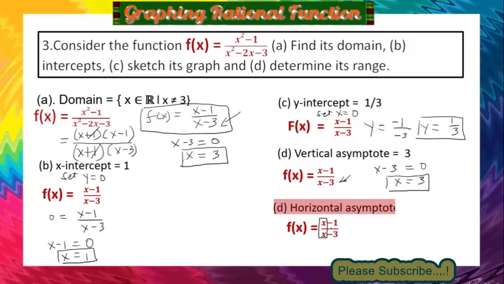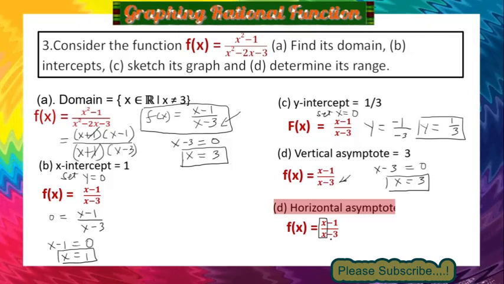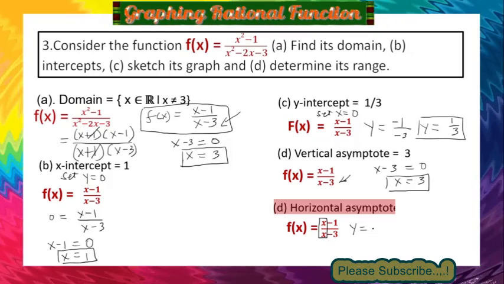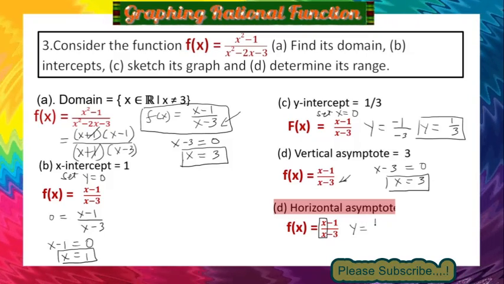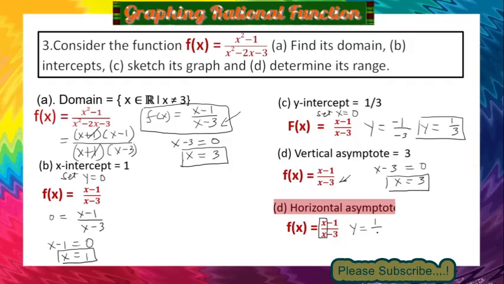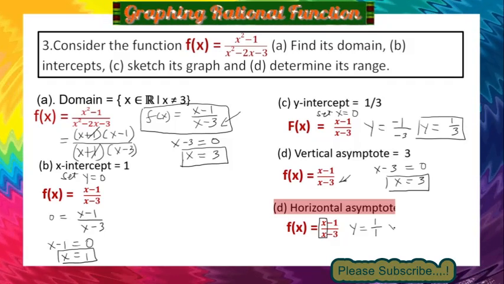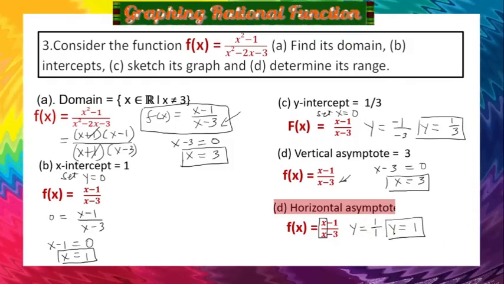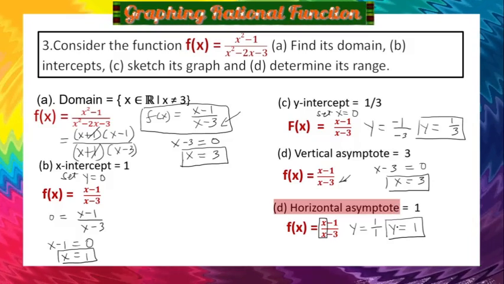Since both numerator and denominator have the same degree, the degree of the numerator is 1 and the denominator is also 1. So your y is equal to 1. So this is your horizontal asymptote.